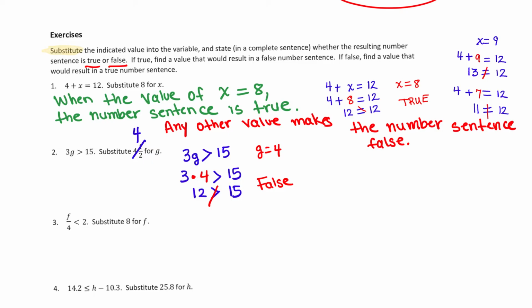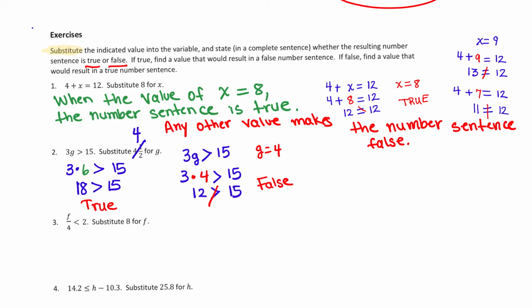So we're going to try 6. 3 times 6 is 18. Is 18 greater than 15? Here that will be true. So in order for us to make the inequality true, g must be greater than 4. So how are we going to say that?